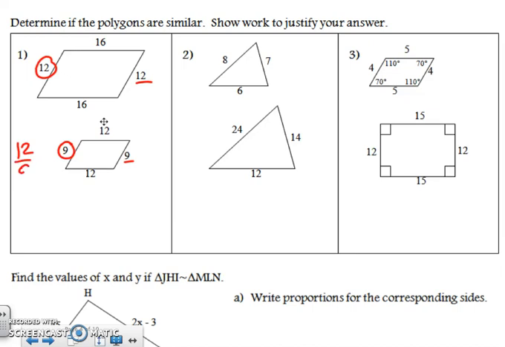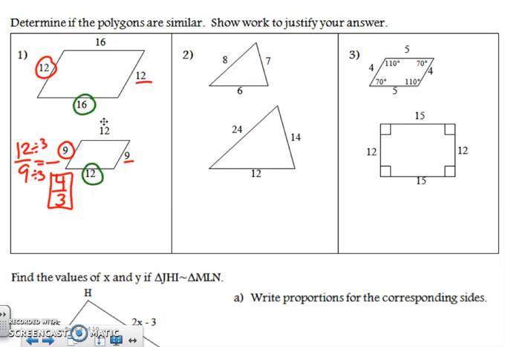So I'm going to say 12 divided by 9. And I know that can be divisible by 3, so that fraction would be 4/3. Okay, so going from the bottom shape to the larger shape was a 4/3 ratio. So now let's just check to make sure that's true here and here.